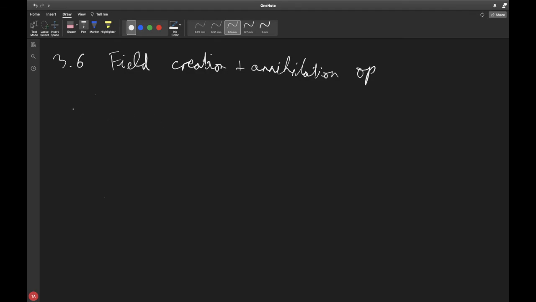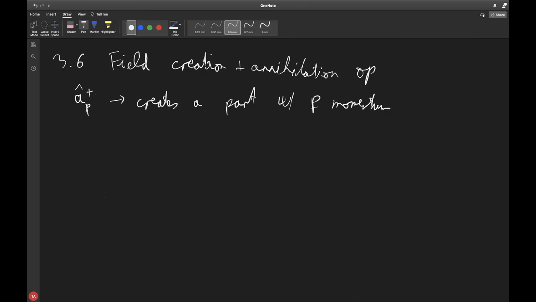So since we just discussed a bit about the creation and annihilation operators in quantum mechanics, and we had our first glance at quantum field theories with the Klein-Gordon equation, it's a good time to go a bit into this generalization of the ladder operators. So we said that the a plus operator, or dagger, doesn't really matter, depends on whose book you're reading, is the one that creates a particle with p momentum.